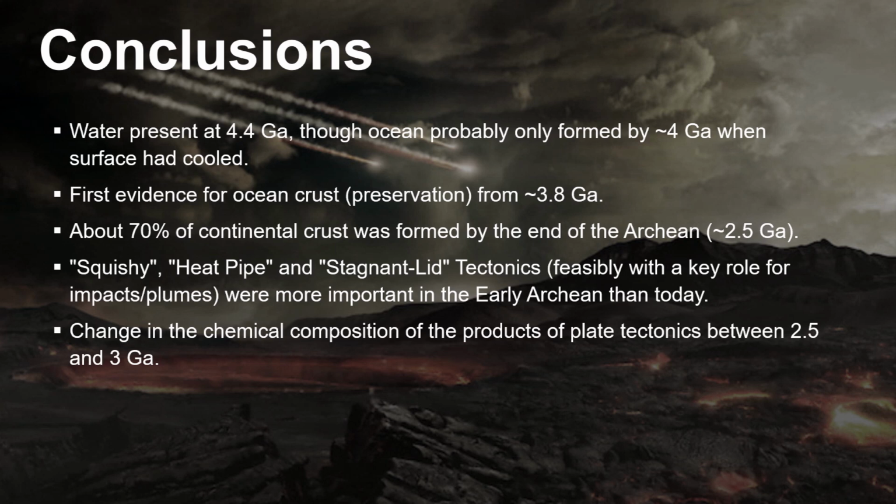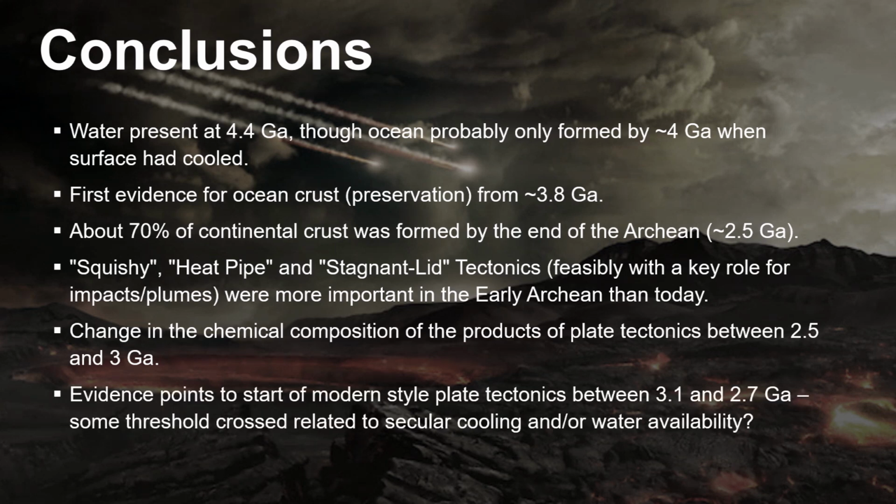And just to finalize, the evidence of modern-style plate tectonics seems to be categoric around 3 to 2.5 billion years ago. And maybe this is related to some threshold being crossed in the Earth system, possibly related to the availability of water and the weakening of tectonic plates.